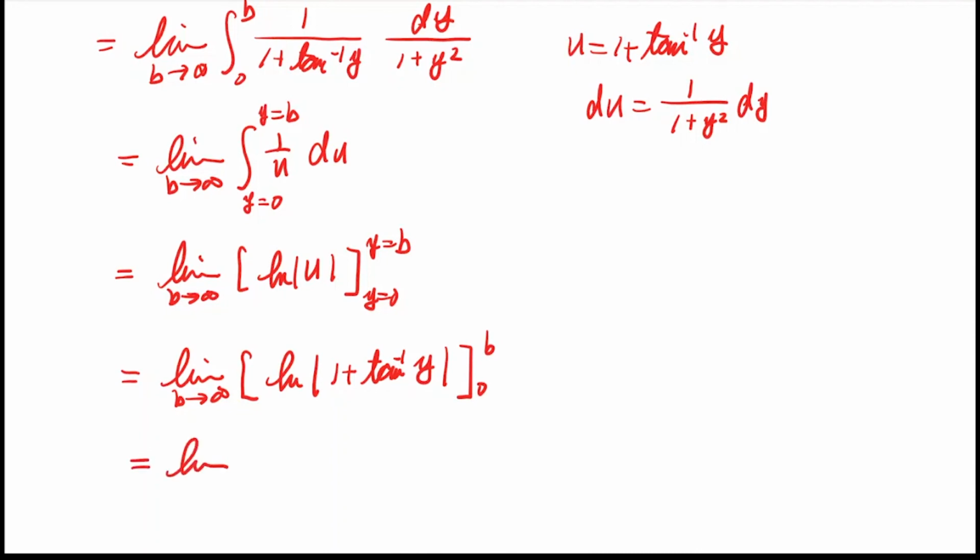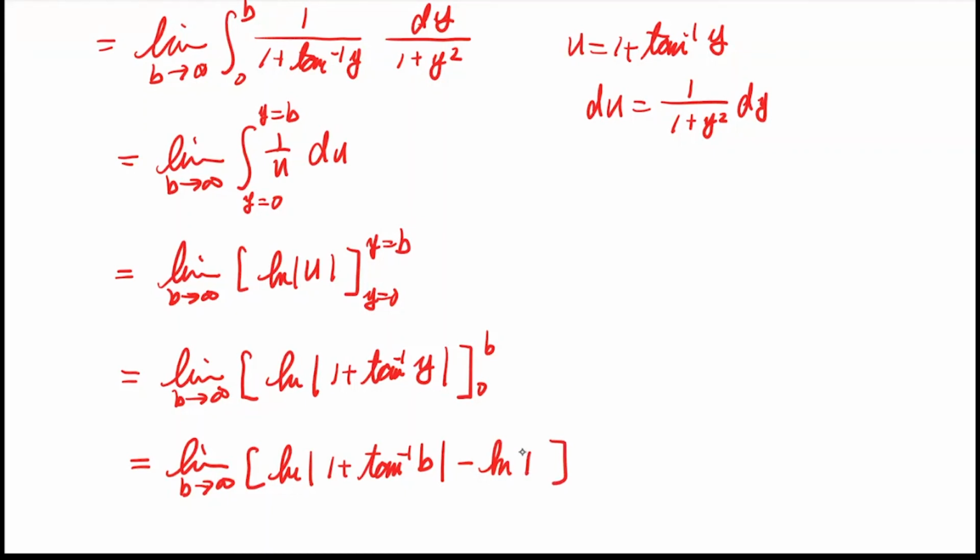Now, limit b approaching infinity of, substitute b, so we have ln of 1 plus inverse tangent of b minus, and then you put 0 here, right? Actually, I need to close it, and minus ln of 1 plus inverse tangent of 0, so we have ln 1. Good.